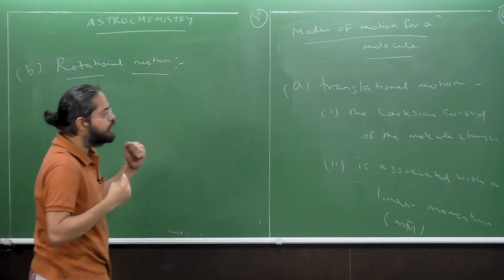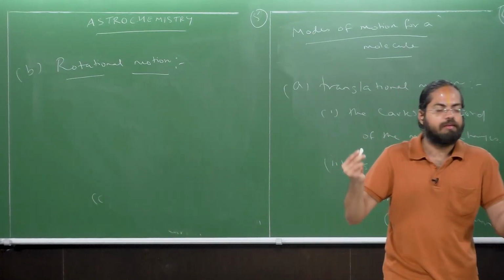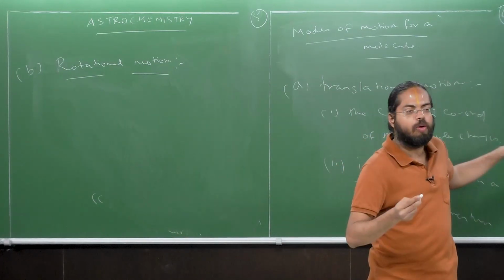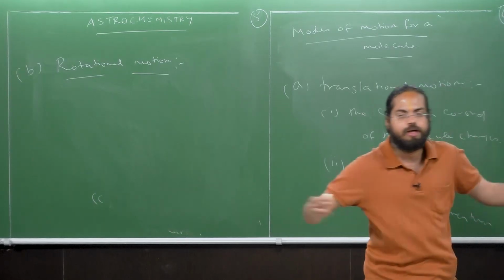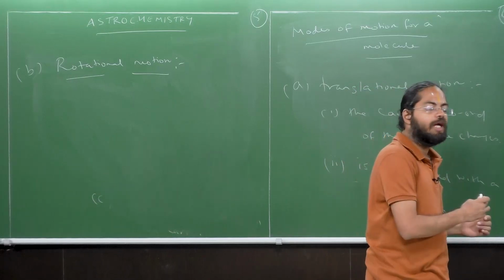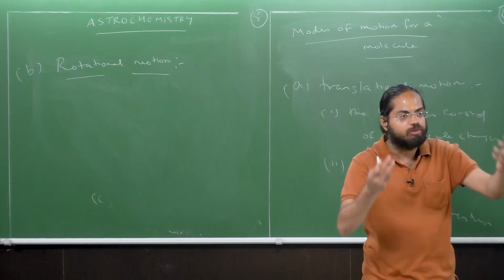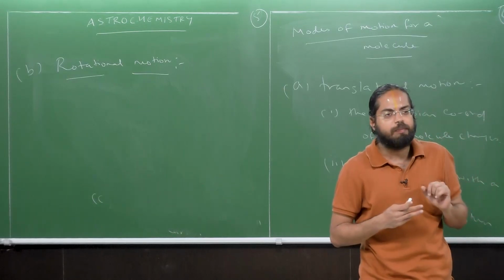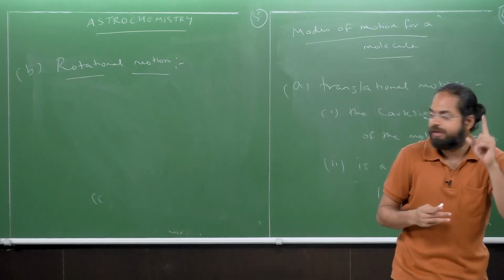So what is this rotational motion? Well, to understand what happens to molecules, let's think about ourselves. What does it mean when we rotate? How do you try to understand rotation? Rotation typically refers to movement about an axis, correct?